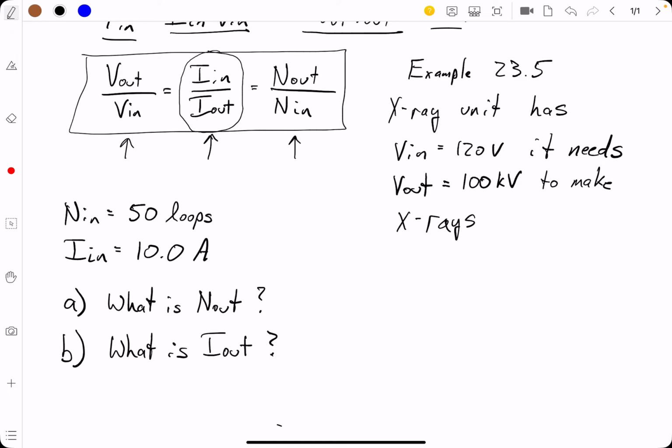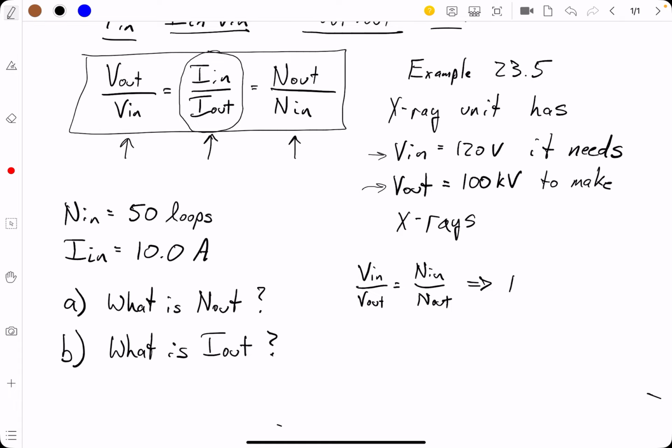Okay. N out. So we know in and out for the voltages. So let's just put V in over V out is equal to N in over N out. And we want N out, so we can rearrange that.